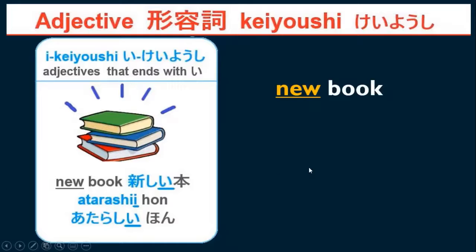Over here, new is an adjective and book is a noun. In Japanese, it is 新しい本, atarashi hon. Atarashi ends with i. So this is i-keiyoushi.